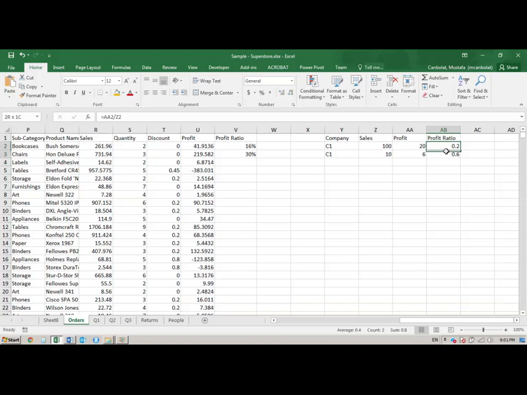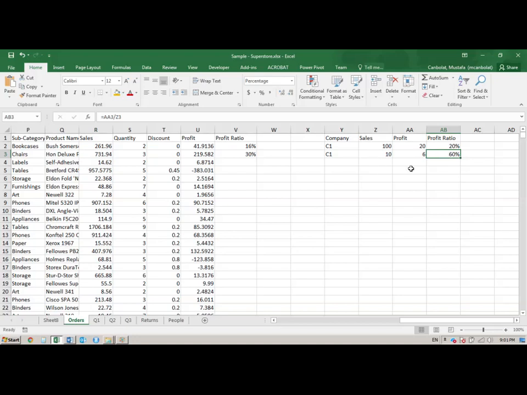This is 20%, and the other one is 60%. If I say that my average profit ratio for this company is 40%, the average of 20% and 60%, it is going to be wrong.